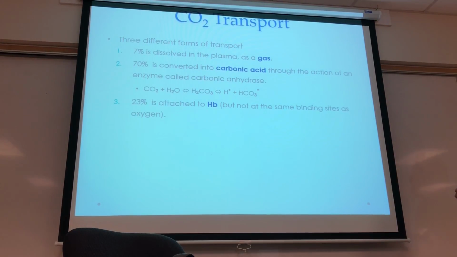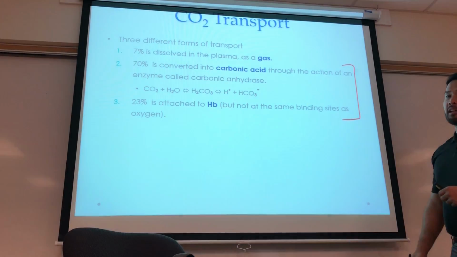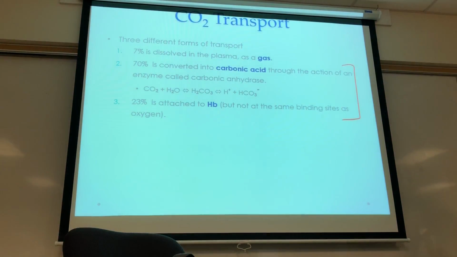Now, for CO2 transport, you'll see that most of the CO2 is carried once again by the red blood cell. More of the CO2 is dissolved in the plasma because, as we mentioned earlier, CO2 is 20 times more soluble in a liquid than oxygen.